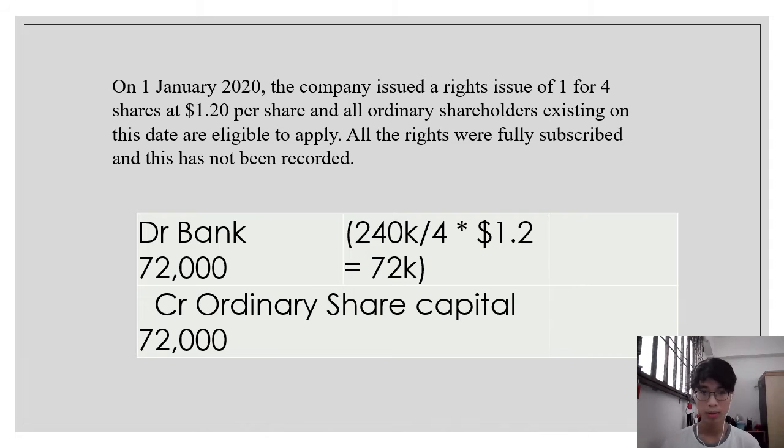Therefore, to find the amount, we take 200,000 plus 40,000, which is 240,000, divided by 4 times $1.20 per share, which is 72,000. Therefore, we have to debit the bank 72,000 and credit ordinary share capital of 72,000.